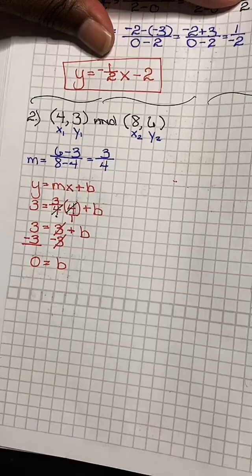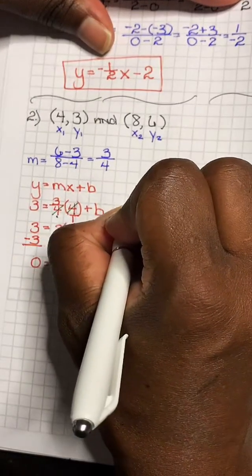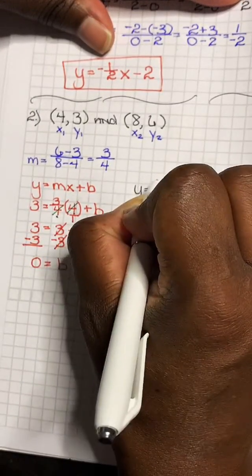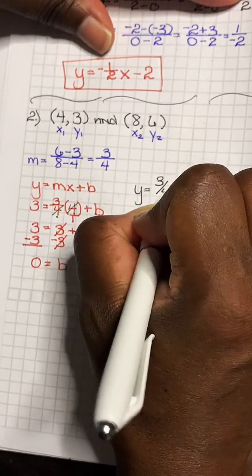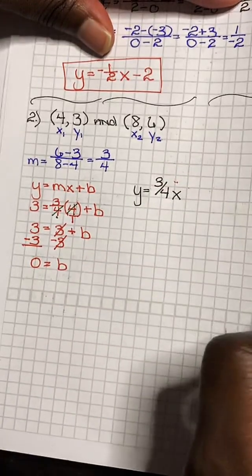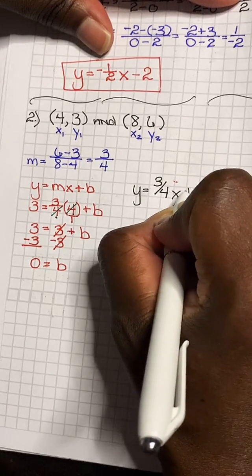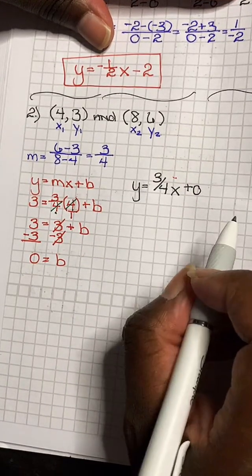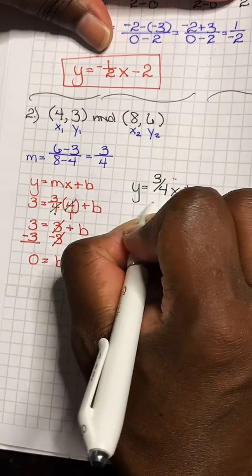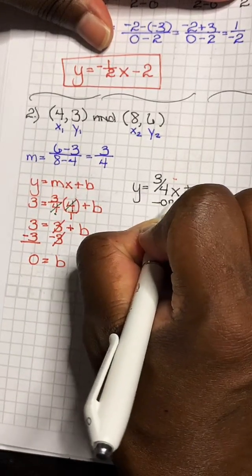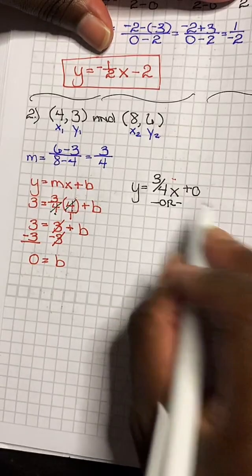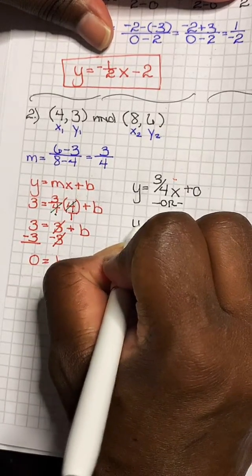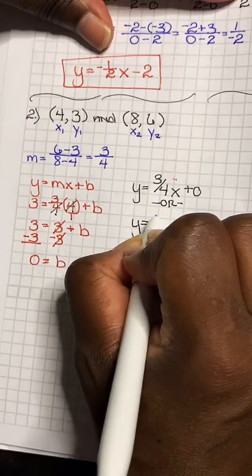So my equation of this line is going to be y equals 3/4 x. Now, you could put plus 0, but do I need a 0 as a placeholder for the b? Not really. And most of the time when you see on the test, you're not going to see a plus 0. But would that be physically wrong?